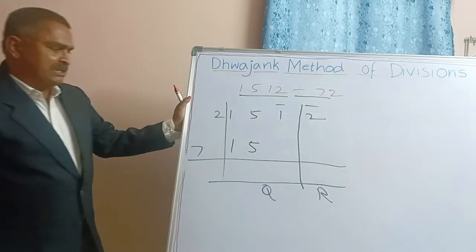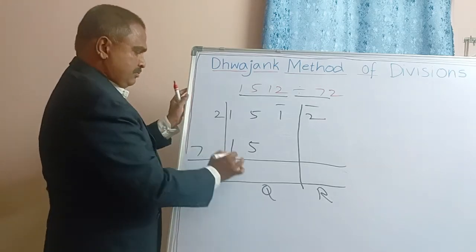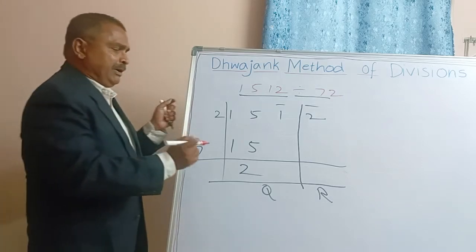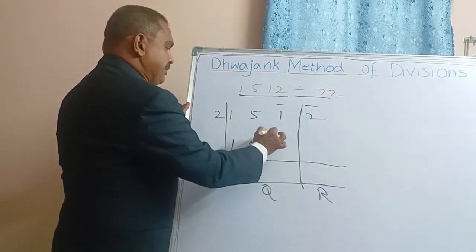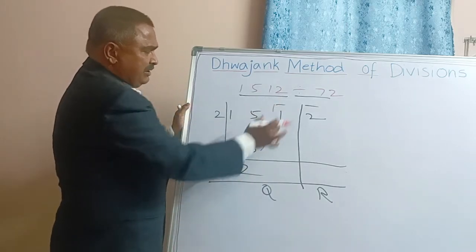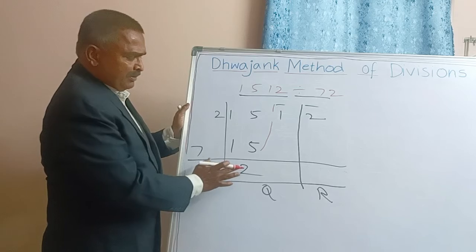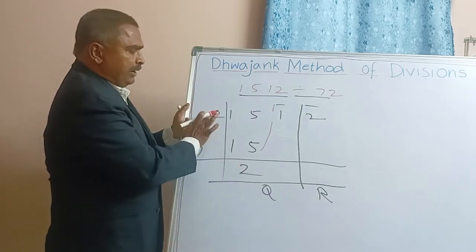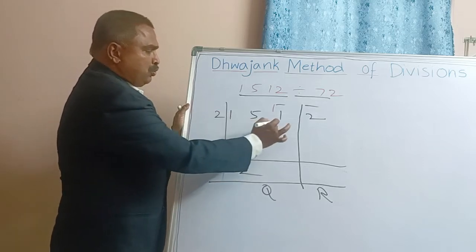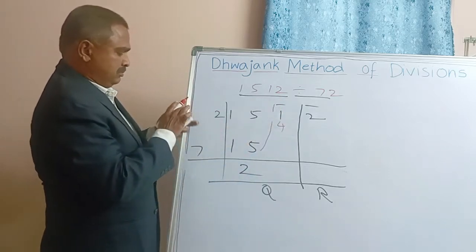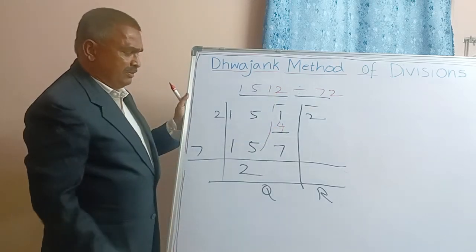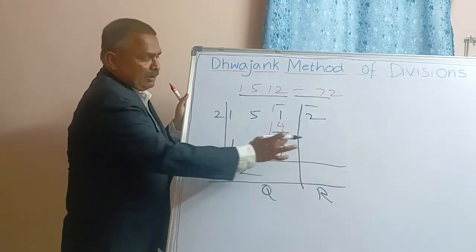15 divided by 7. 2 sevens are 14. What is the remainder? 1 is the remainder. Just keep 1 here. This is 11. And as per our formula, multiply quotient with flag number and subtract from next part. 2 into 2, 4. 11 minus 4 is 7. Again we got a number on the base number.